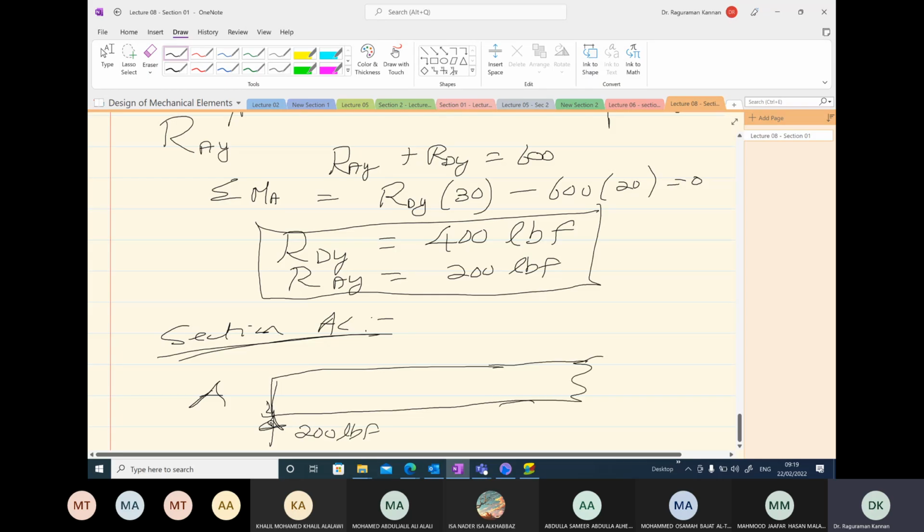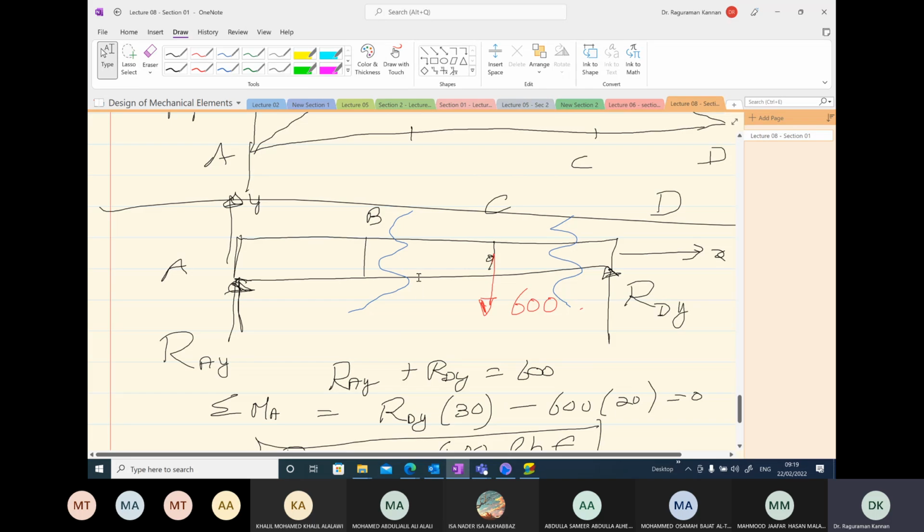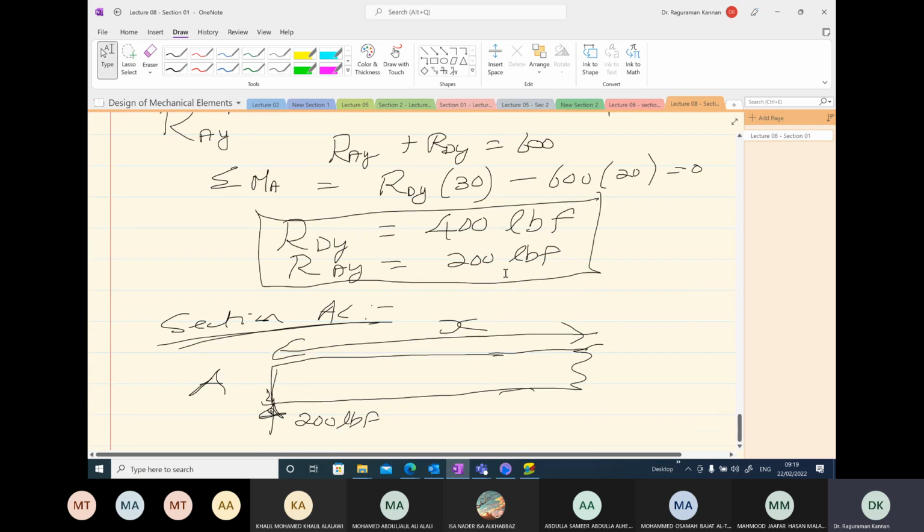And then we make a cut at an arbitrary distance x. We know the x values vary from 0 to 20 inches. The internal reaction forces are clockwise here, V, AC, and M, AC.